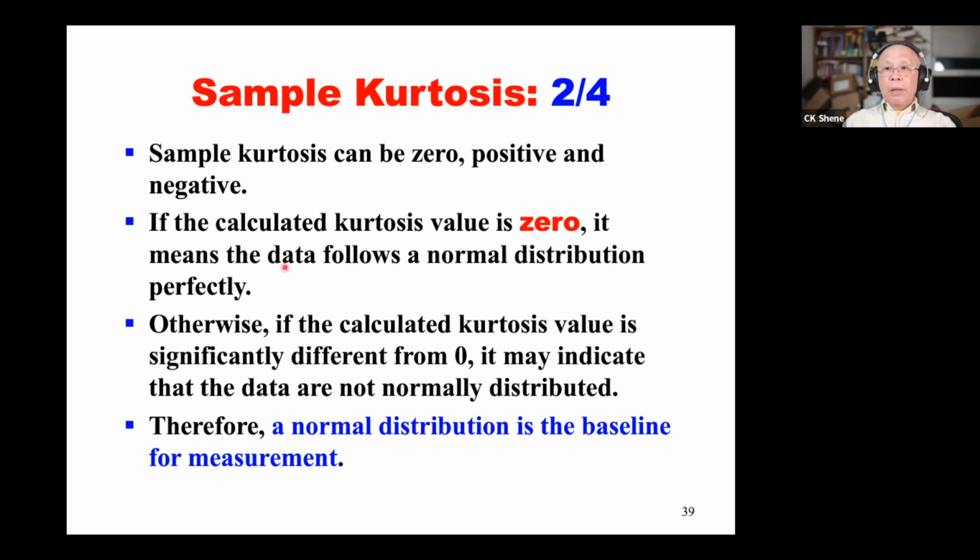If the calculated kurtosis is 0, it means the data follows a normal distribution perfectly. Otherwise, if the calculated kurtosis value is significantly different from 0, it may indicate that the data are not normally distributed. Therefore, as we mentioned earlier, a normal distribution is a baseline for measurement.